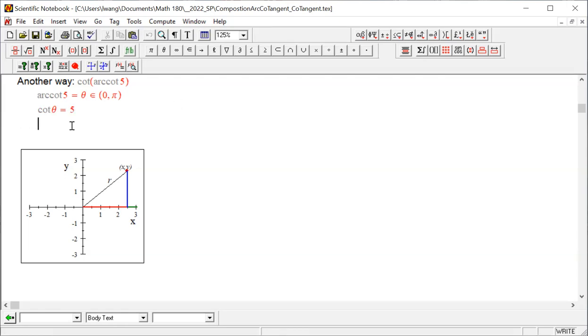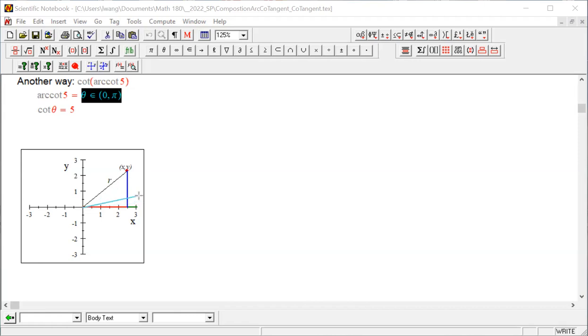Not only do I know theta is between 0 and pi, measured from standard position counterclockwise, it means the terminal side is between 0 and pi exclusive, not including 0 and pi. The terminal could be anywhere between 0 and pi.